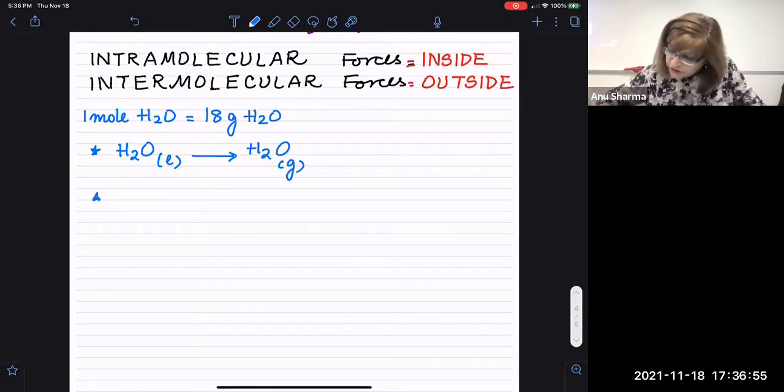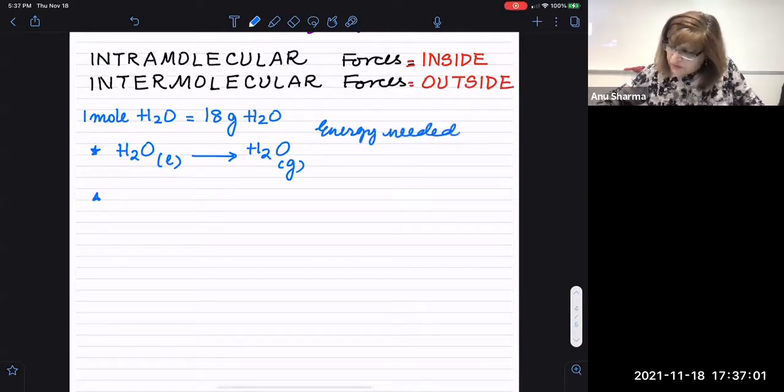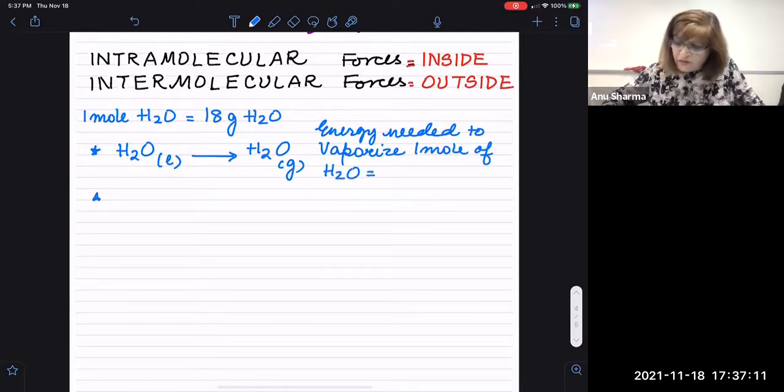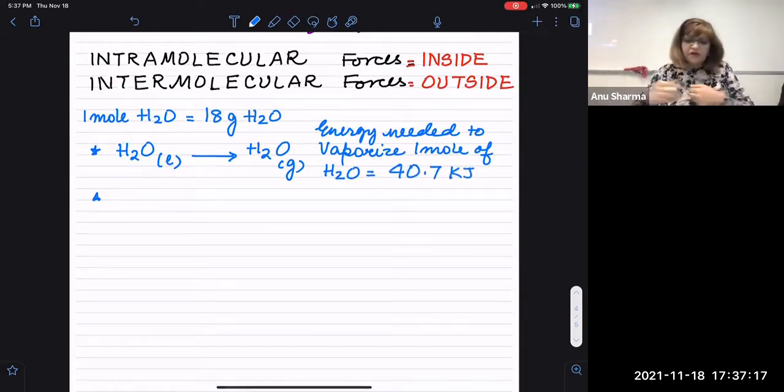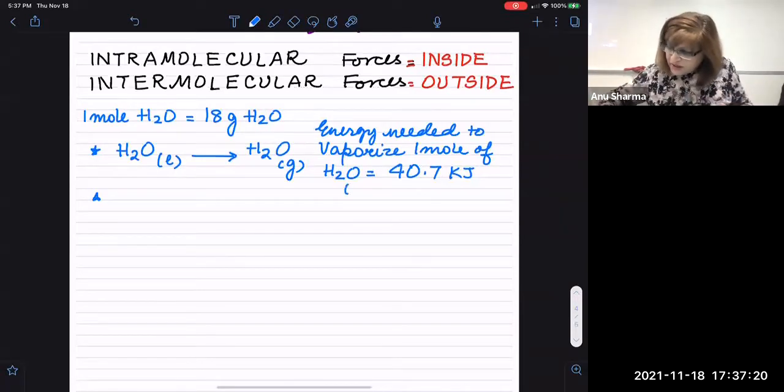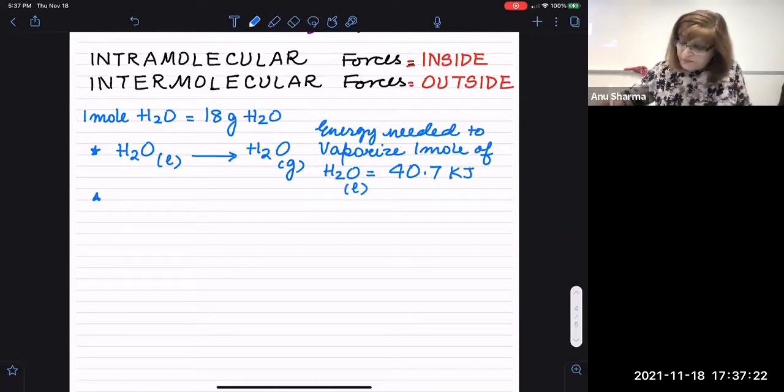So the energy that is needed to vaporize 1 mole of water is equal to 40.7 kilojoules. So basically, there's only a change of state, but the actual composition is not changing. So this is scenario A.